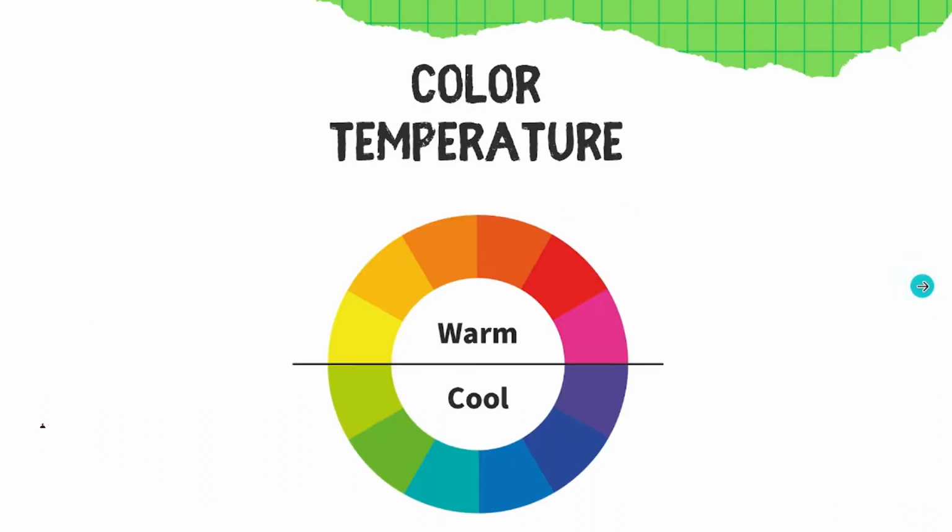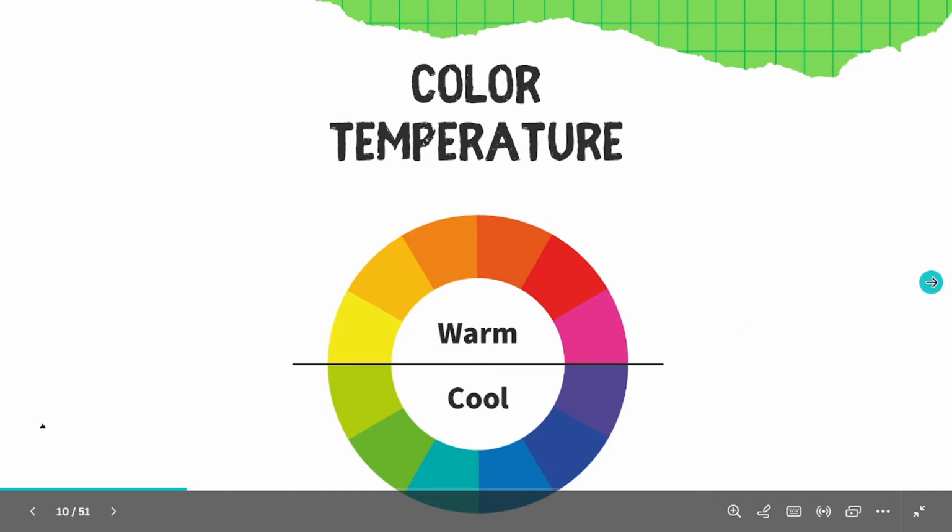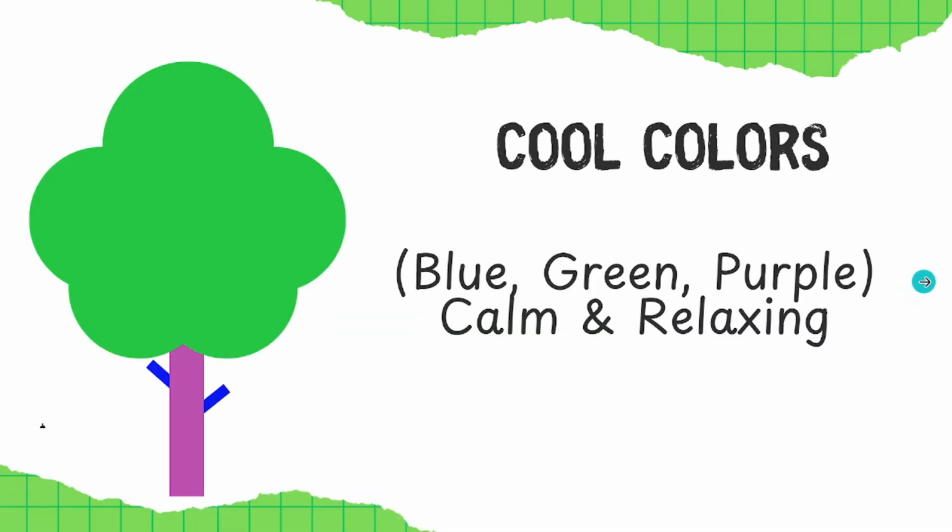So moving on, we have color temperature, and this is how the color temperature wheel looks. In color temperature, we have just two groups, which are known as cool colors and warm colors. I don't know if you guys remember, but we made mention of the cool colors and the warm colors in our first class.